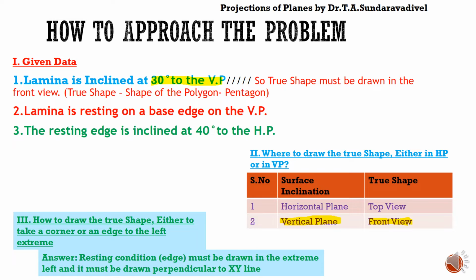So front view means where? Let us assume that this is our XY line and the total space above XY line is your VP, and similarly this one is your HP.